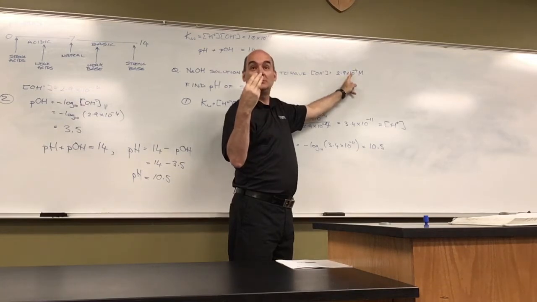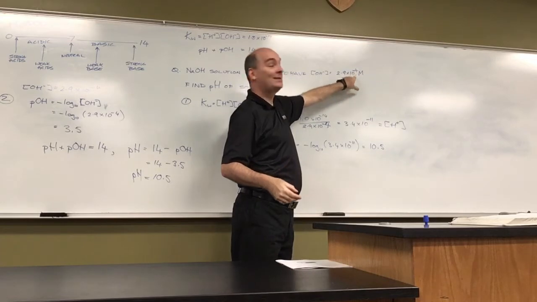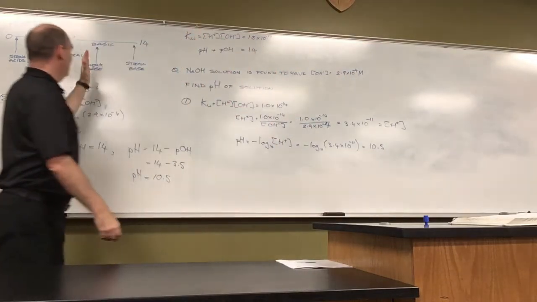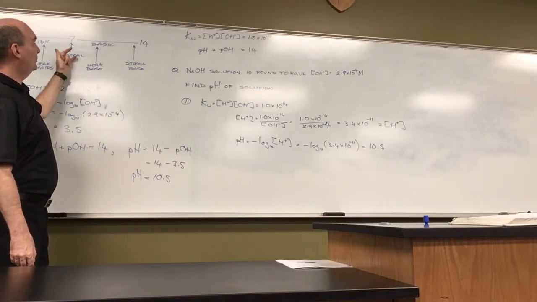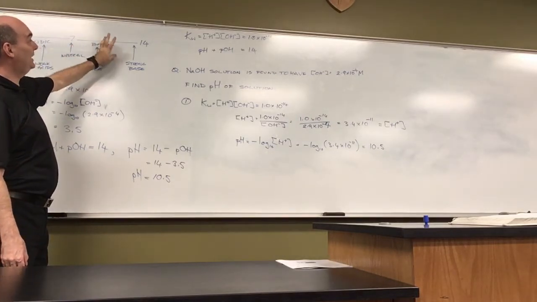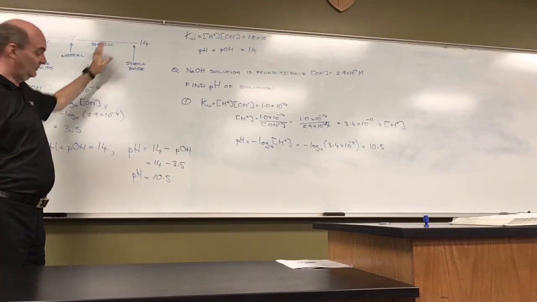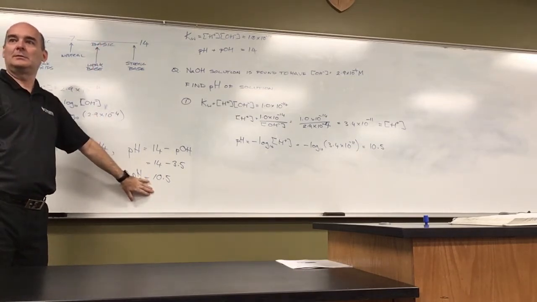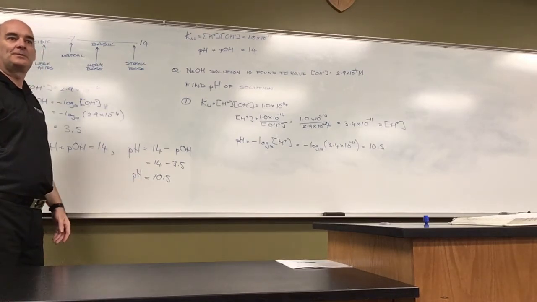That's 3 zeros. That's 1,000 times. So this is 1,000 times more basic than a neutral solution. So it should put me somewhere here. I don't know exactly where, but it's going to be a number that's larger than 7. So that makes logical sense.